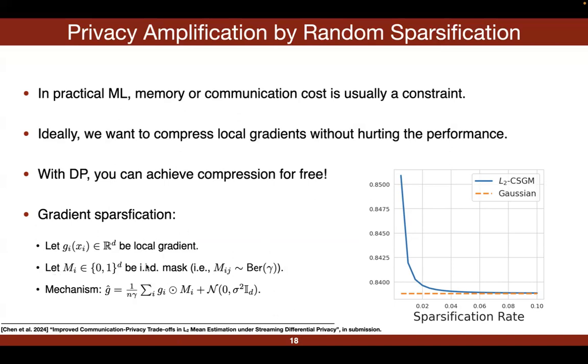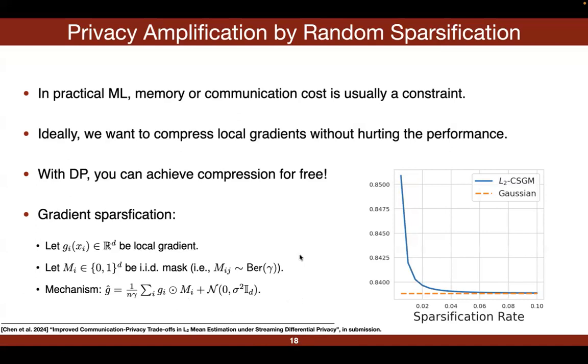For instance, if you apply this IID mask to that specific coordinate, it can still be viewed as random sampling, right? You just randomly drop that coordinate with a certain probability. Yeah, but flattening does improve the second order term, so in practice, we will still do the flattening step. You're right. Thank you.